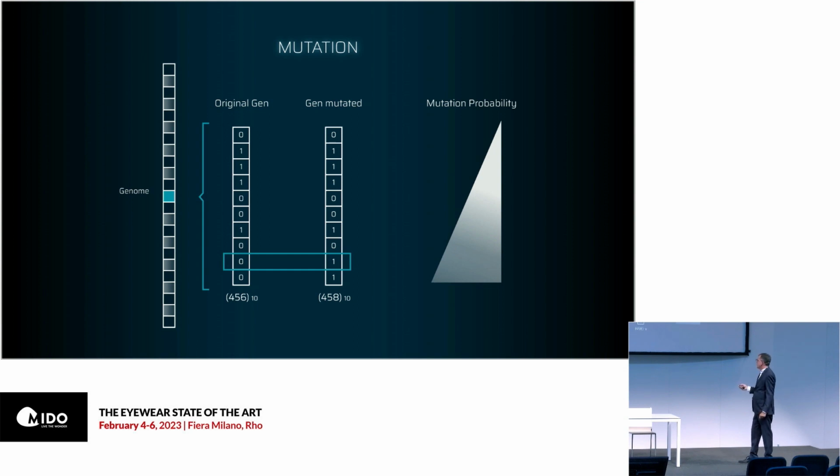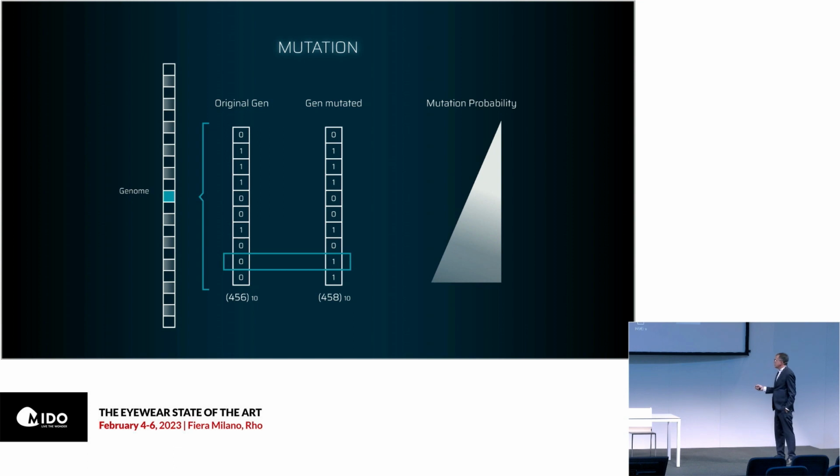So, for example, if the mutation just switches this 0 to 1 in this part, but keeps the rest of the number the same, I modify the value from 456 to 458 in decimal.